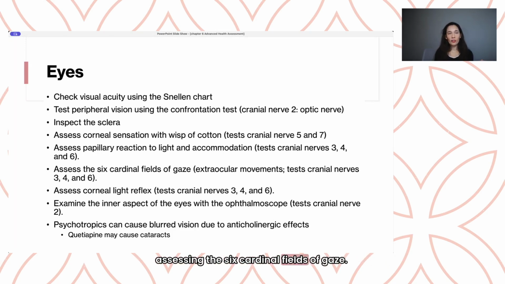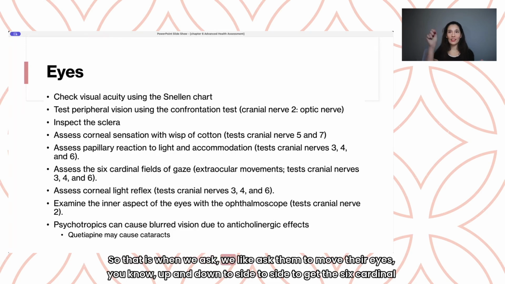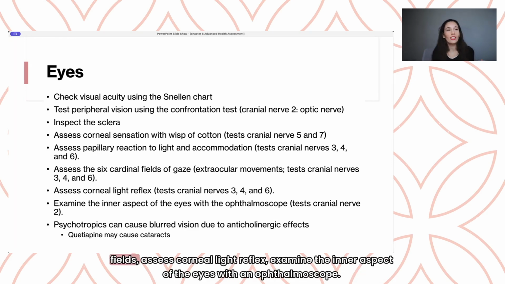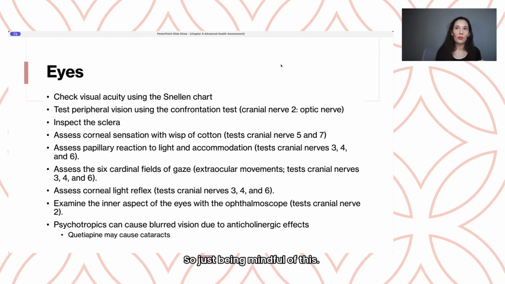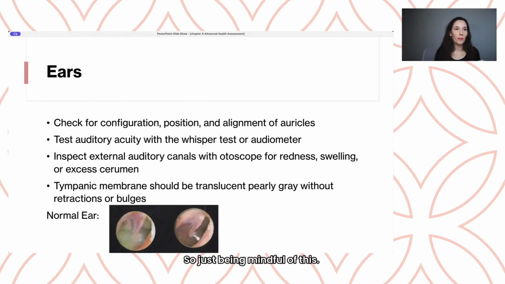Assessing the 6 cardinal fields of gaze. That is when we ask them to move their eyes up and down, side to side to get the 6 cardinal fields. Assess corneal light reflex, and examine the inner aspect of the eyes with an ophthalmoscope. And psychotropics can cause blurred vision due to the anticholinergic effects, and quetiapine can cause cataracts. So just being mindful of this.